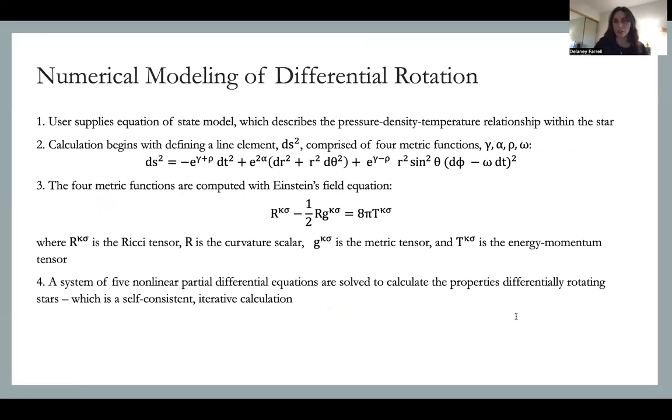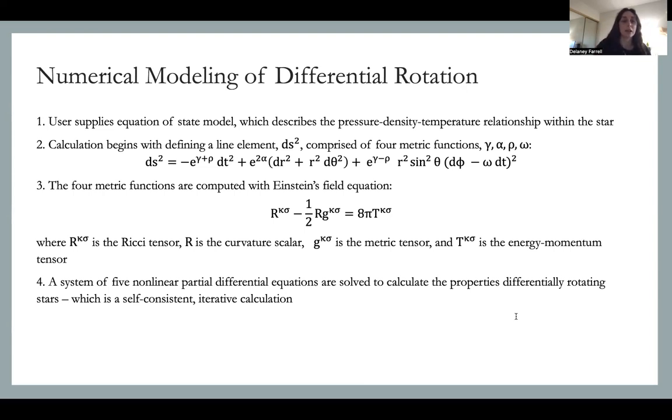I'll briefly touch on the numerical modeling for differential rotation. It begins by supplying something called the equation of state, which describes the pressure, density, and temperature relationship within the star. Again, if you're interested more in how temperature comes into play, please ask me on the actual date of the event. For modeling of differential rotation, the actual calculation begins with defining something that we call the line element in general relativity.